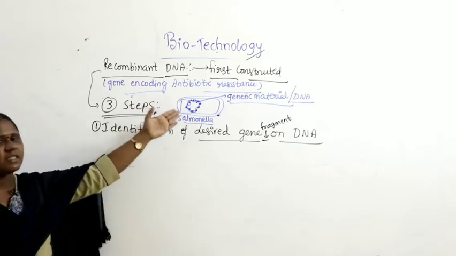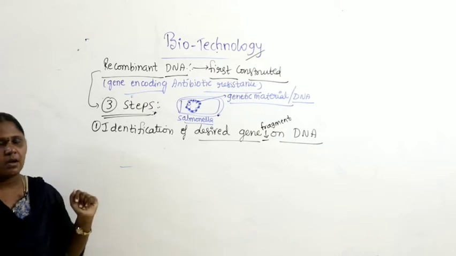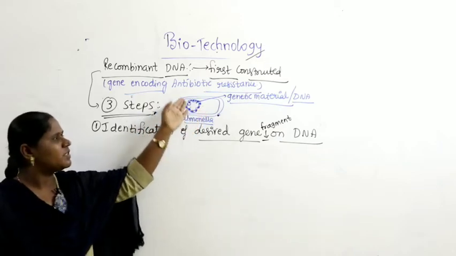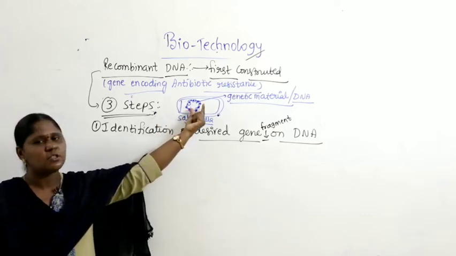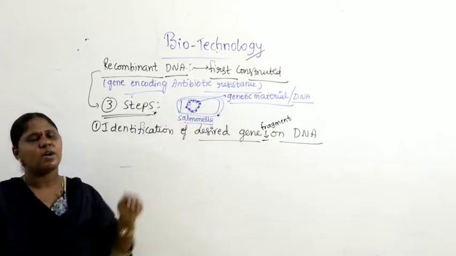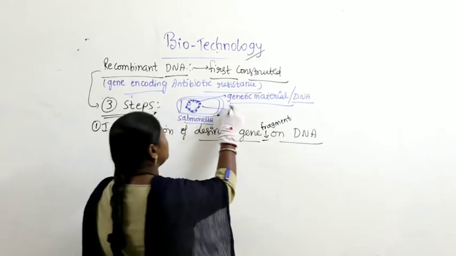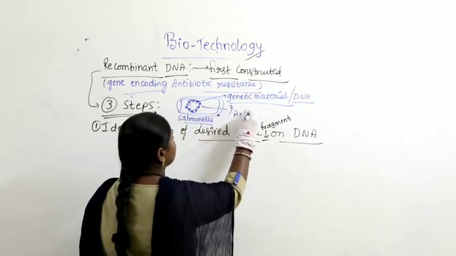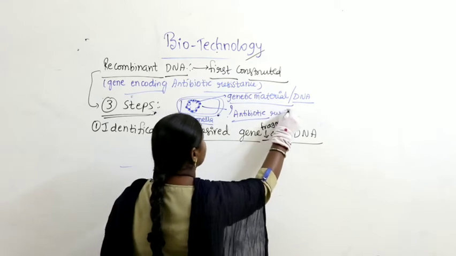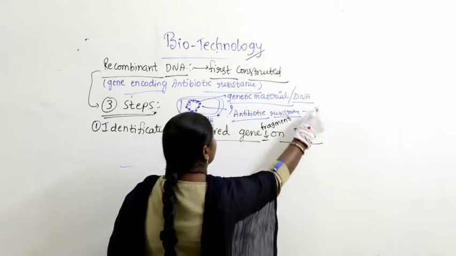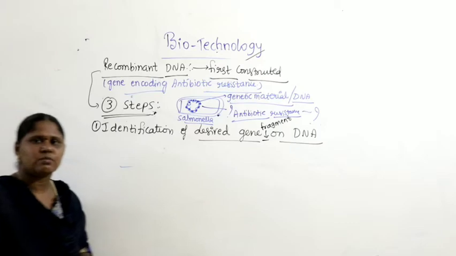There are millions of genes in Salmonella. Out of these, which fragment of genes shows resistance to antibiotics? Suppose I want to extract antibiotic resistance, which genes show it is a question mark.